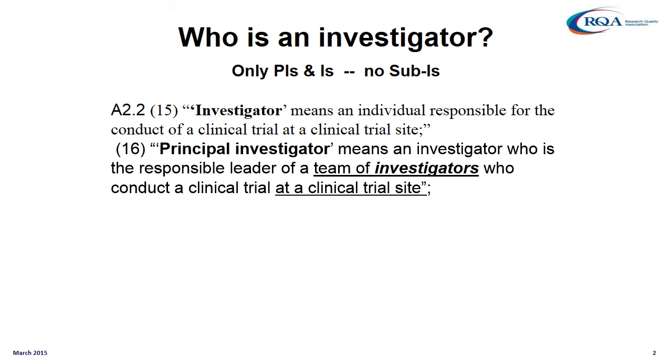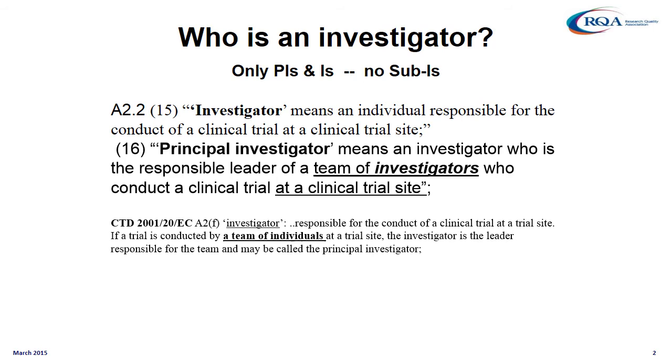However, when there's a team, the principal investigator means an investigator who is responsible leader of a team of investigators who conduct a clinical trial at a clinical trial site. So the principal investigator, when there's a team of people working, is the leader of a team of investigators. And why is that important?